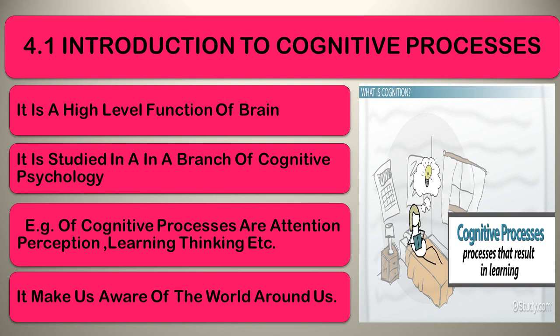Processes like sensation, attention, perception, learning, memory, forgetting, thinking, problem solving, reasoning, decision making, etc. are examples of cognitive processes. In this lecture, we are going to study a few of the cognitive processes, that is attention, perception, thinking and learning.